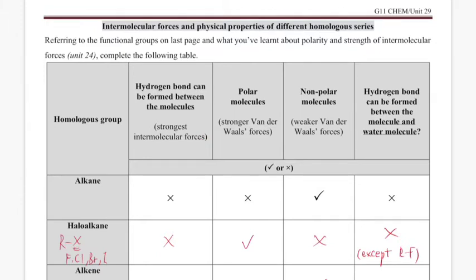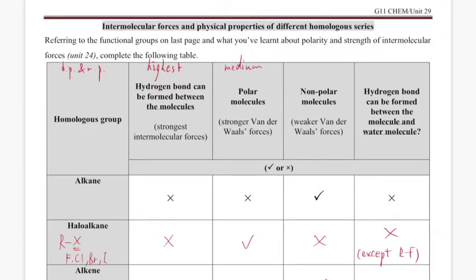Hence, if we're talking about its boiling point or melting point, it's going to be the highest if it can form hydrogen bond within the molecule. And then the next one, if it's a polar molecule, then we say it would have stronger van der Waals forces between molecules, so it would have a medium boiling point or melting point.